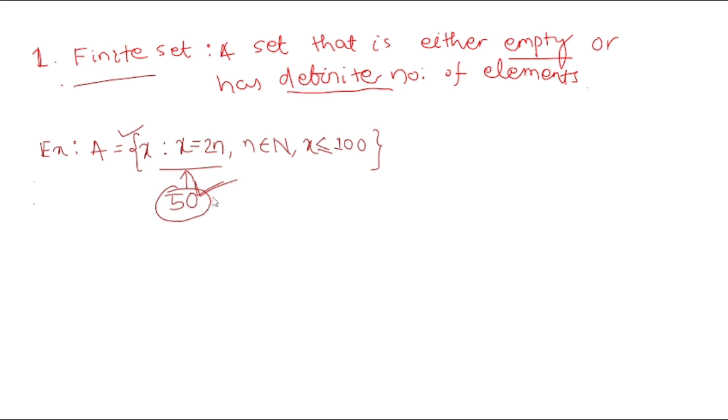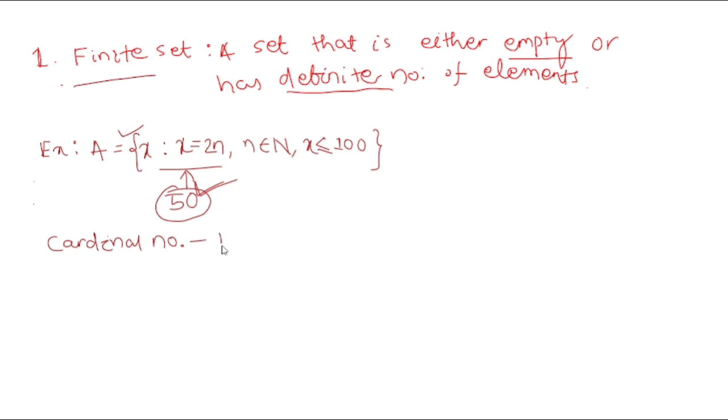We learned that there is a definite number of elements in a finite set. That means there are many possibilities for the number of elements in a set, and that number is known as the cardinal number.